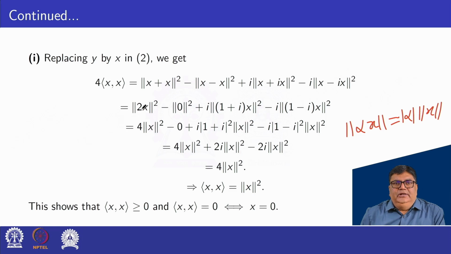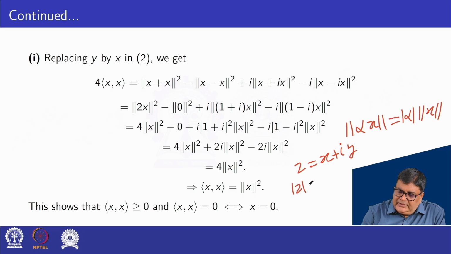So here squared and alpha is 2, that is 4 norm x squared, plus i, and this is 1 plus i, that is scalar alpha, so mod 1 plus i squared into norm x squared minus mod 1 minus i squared into norm x squared, because here alpha is 1 minus i, equal to 4 norm x squared, and we know that z is equal to x plus iy, that is mod z is equal to under root x squared plus y squared.